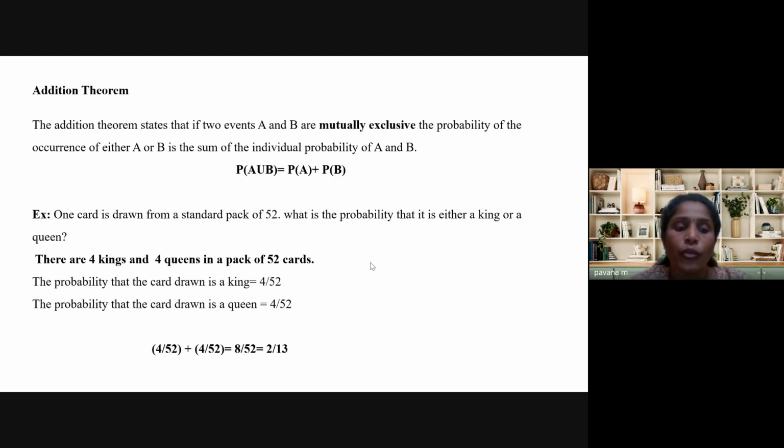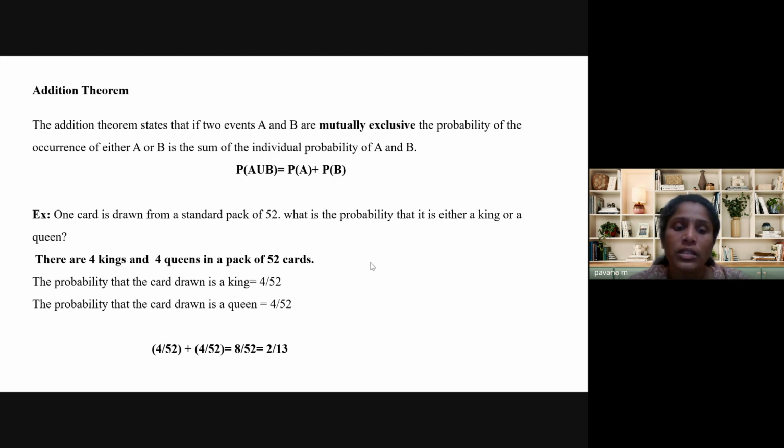There are four kings and four queens in a pack of cards, right? So the probability of drawing a king from the pack of 52 cards, because there are only four kings, is 4 by 52. And the probability of getting a queen from the pack of 52 cards is again 4 by 52.